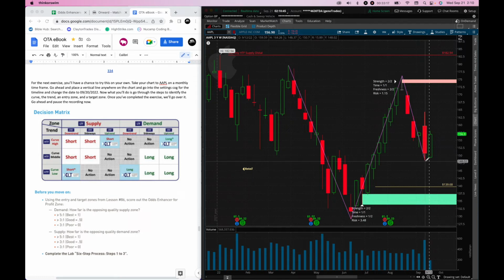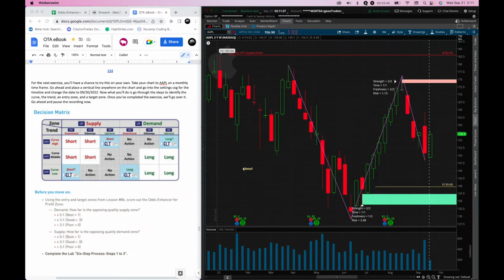So we have a low price here. We come up. That would be the first segment. From this segment down to this move in price would be our second segment. And from this low price point back up to this price point would be our third segment.